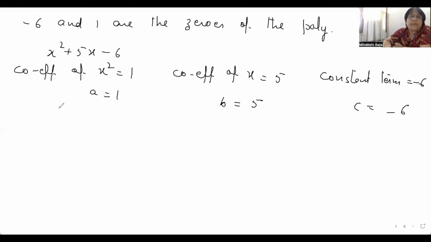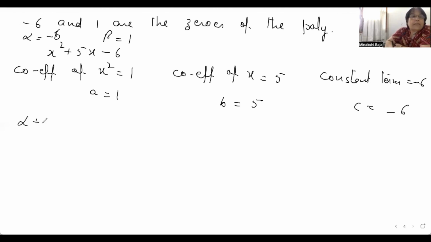Minus 6 and 1 are the zeros of the polynomial. Let one zero be alpha and the other zero be beta. So let alpha be minus 6 and beta be equal to 1.